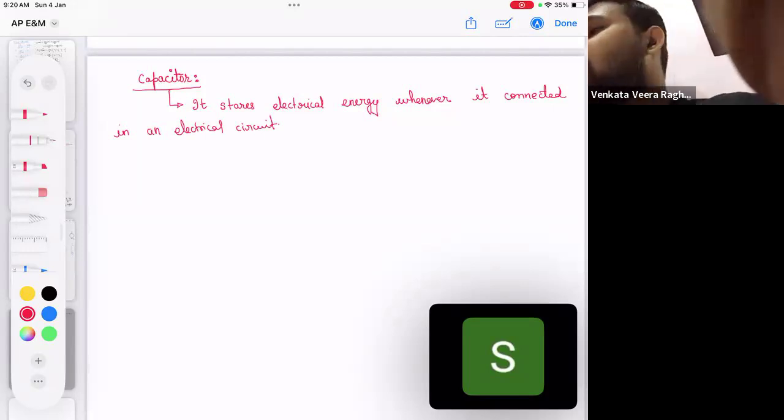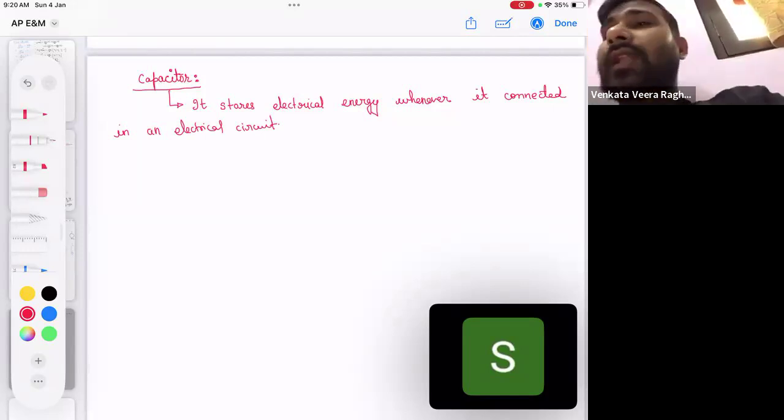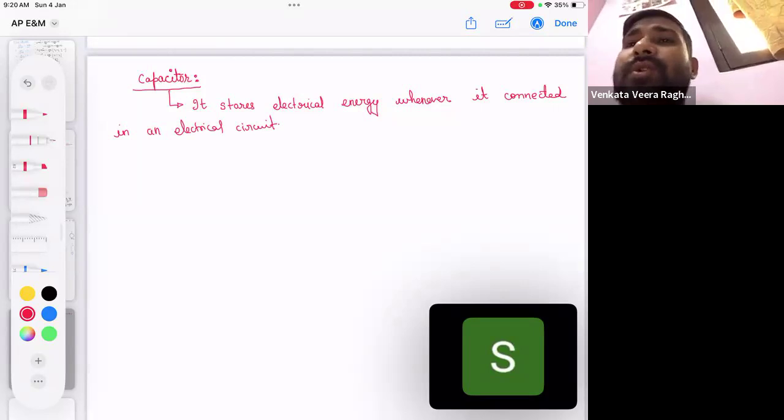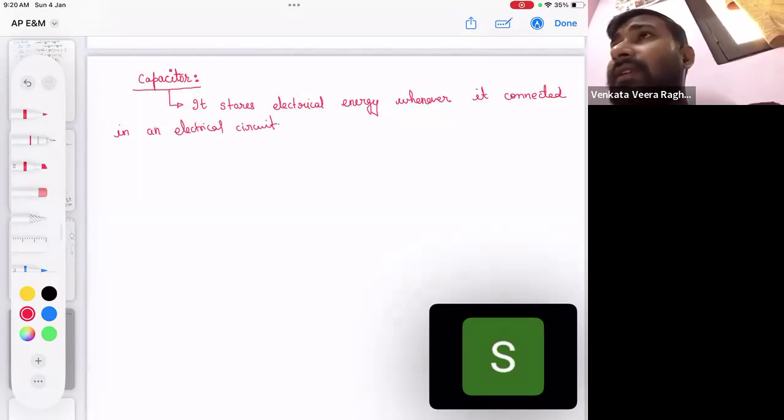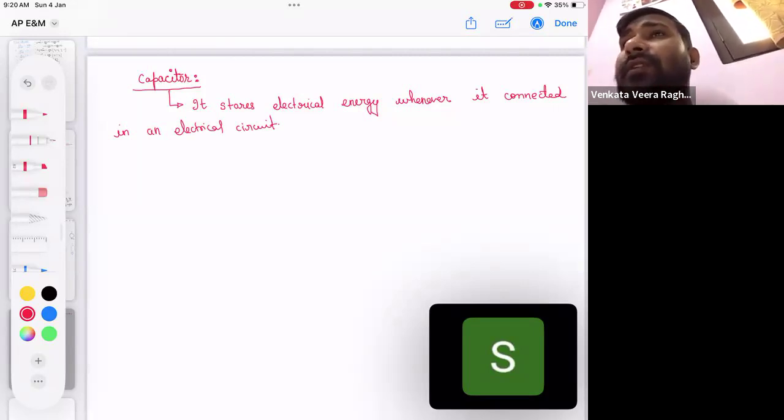So how can it store the electrical energy? If we want to store the electrical energy, what does it mean? That means some kind of electric field should develop, isn't it? An electric field in a region should develop.